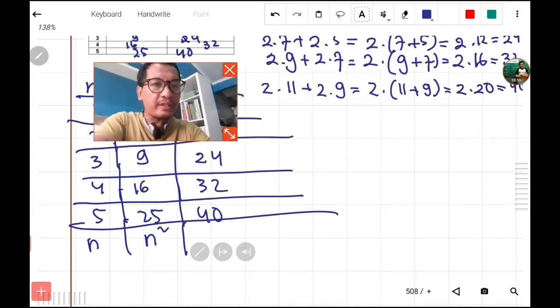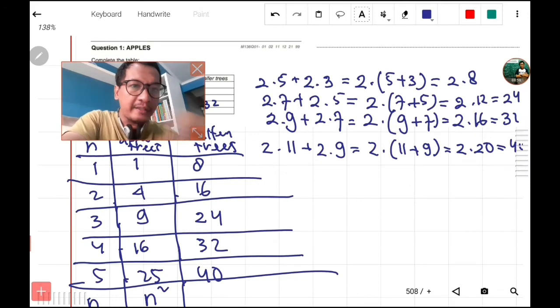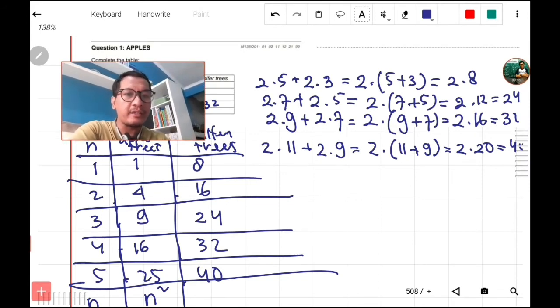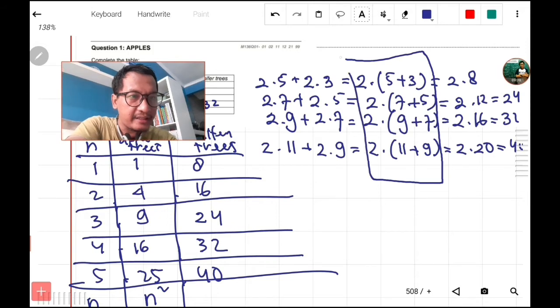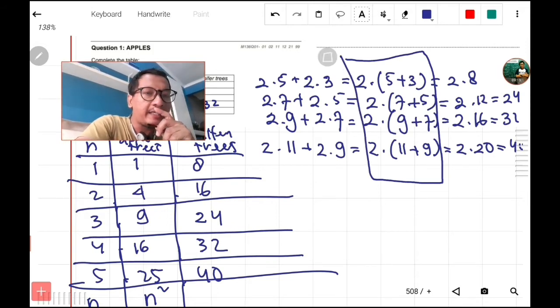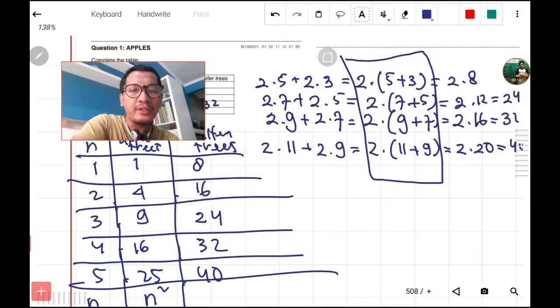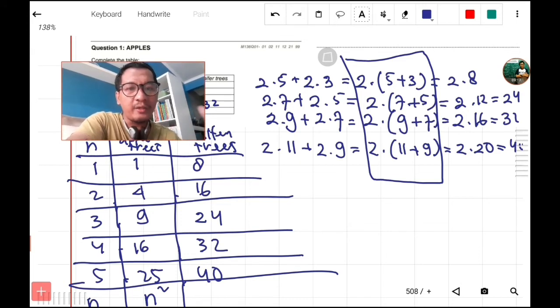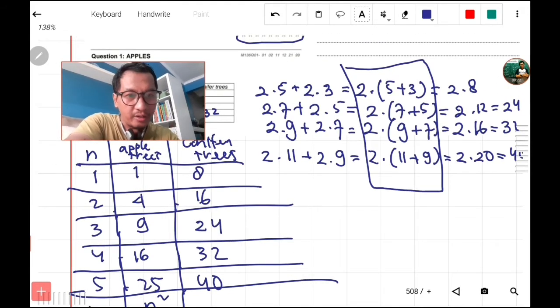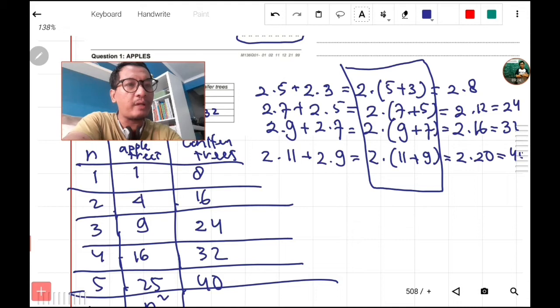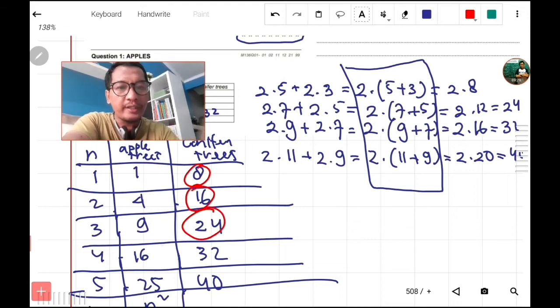Maybe you can make the formula from the pattern. Looking at the results for conifer trees one by one: 8, 16, 24, 32, and 40.